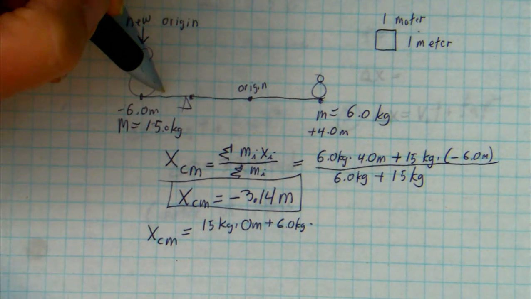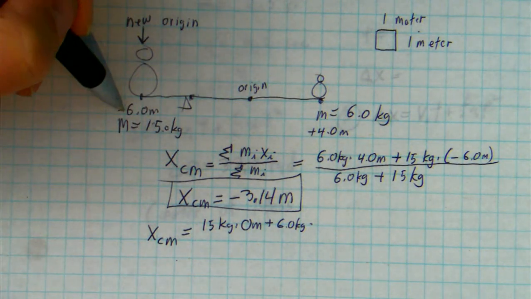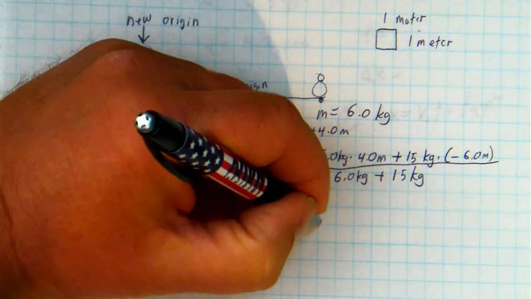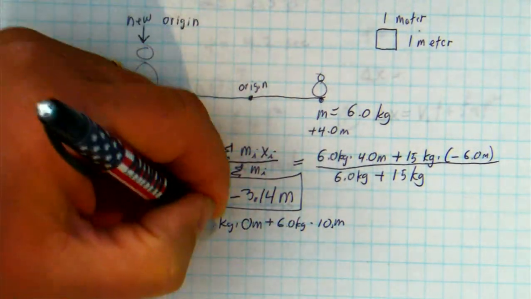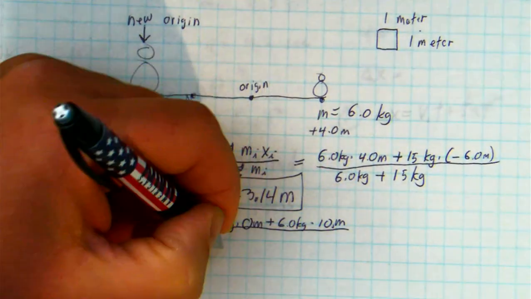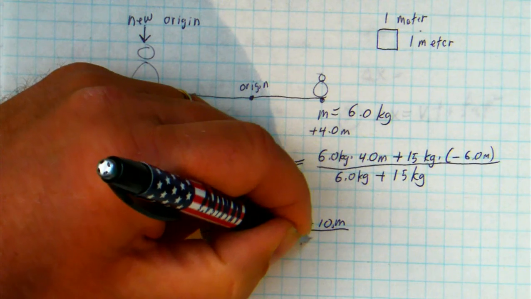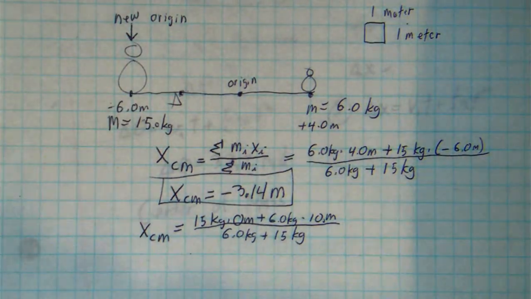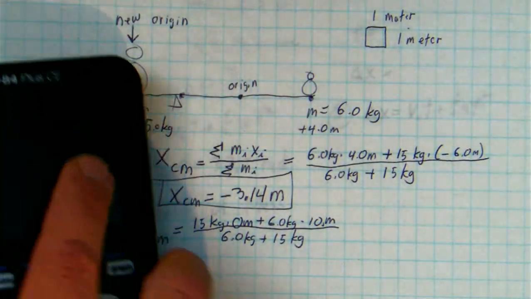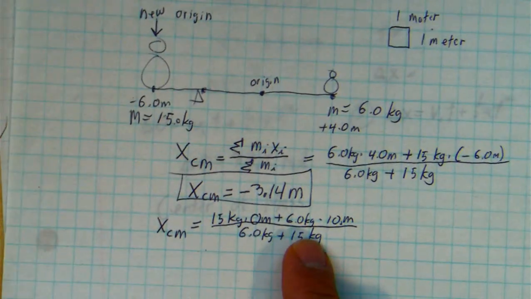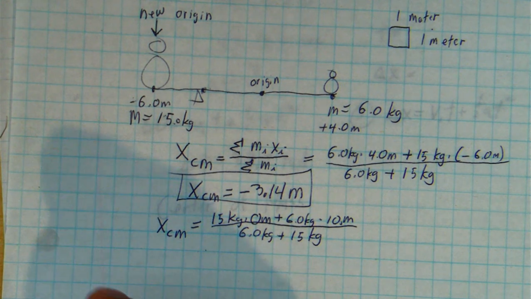The total distance is 4 plus 6 is 10 meters. The sum is still going to be 6 kilograms plus 15 kilograms. You should recognize the first term goes to 0. The second term is 60. So what is 60 divided by 21?